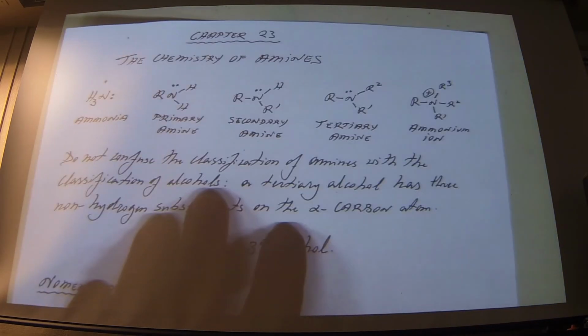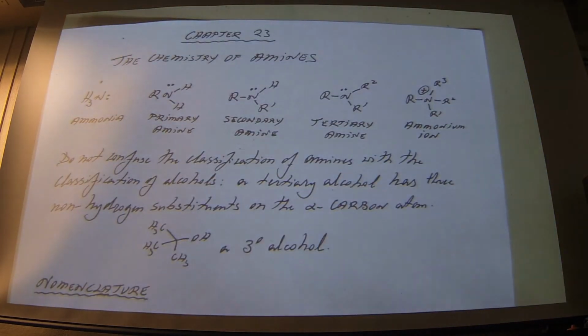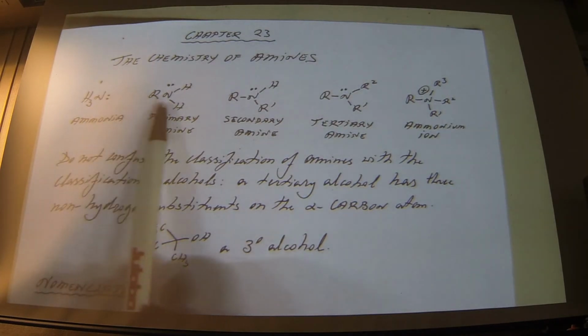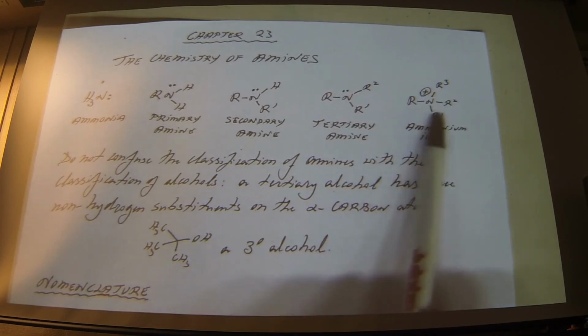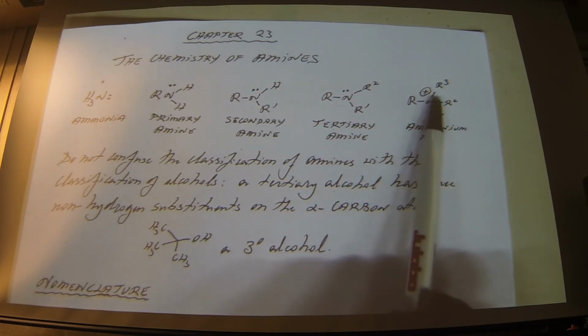And so let's take a look here first of all. Now, amines come in different substitution patterns, the simplest one being ammonia, and then primary, secondary, tertiary, and then ammonium ion, where you have all the valences saturated.